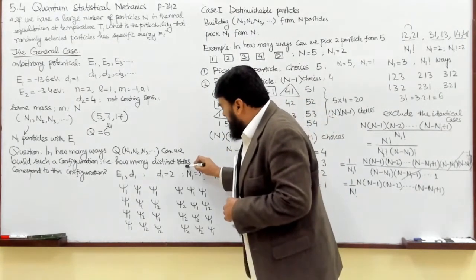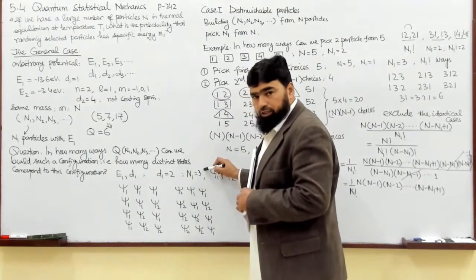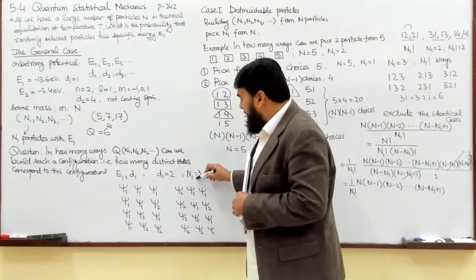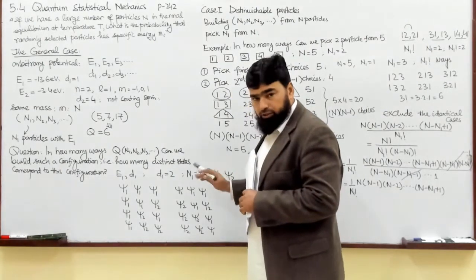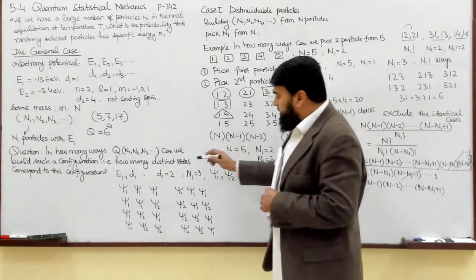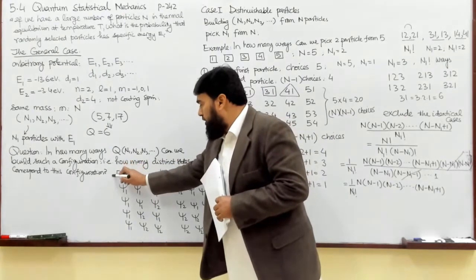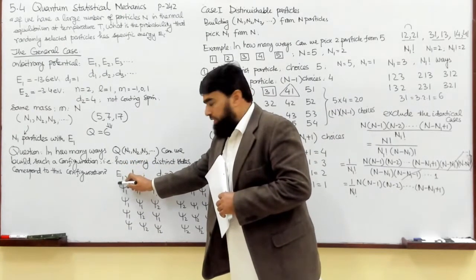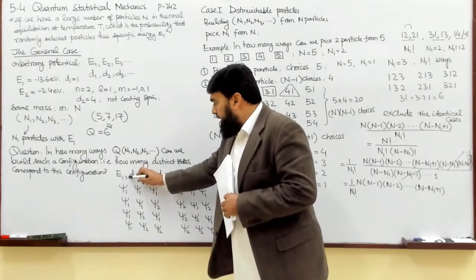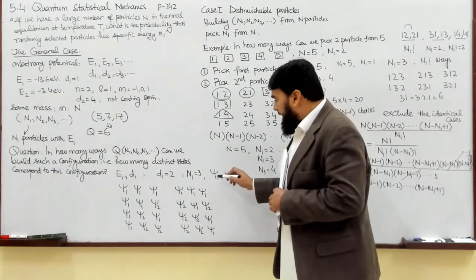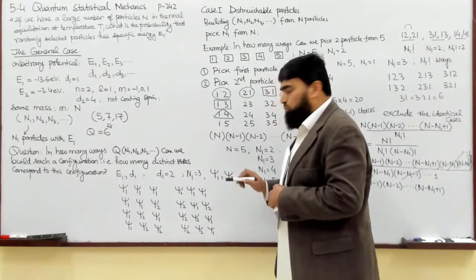I'm having 3 particles. So I will put the 3 particles in 3 spaces. And as the degeneracy, the energy of the state is E1, and it is having a degeneracy D1. And D1 I consider is 2.